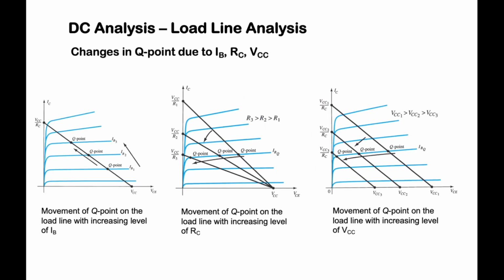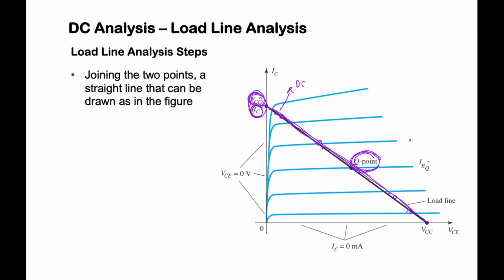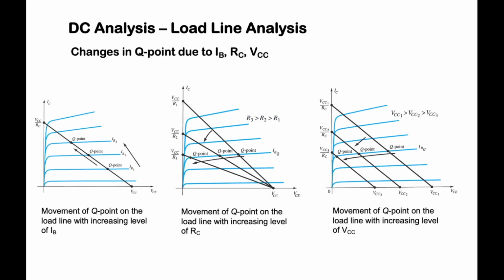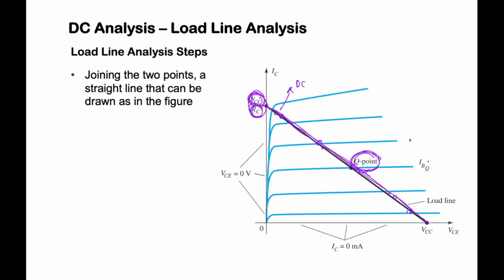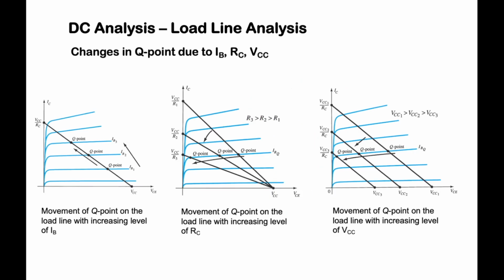Oh yeah, it also can depend on the value of IB. Let's say if you increase the IB or you decrease the IB, of course this point will be different. So now let's look at how the Q point position can be changed if we change the value of IB, RC, and VCC.